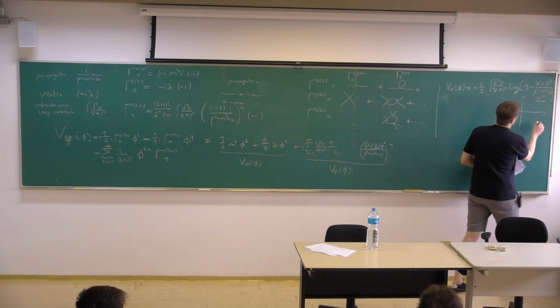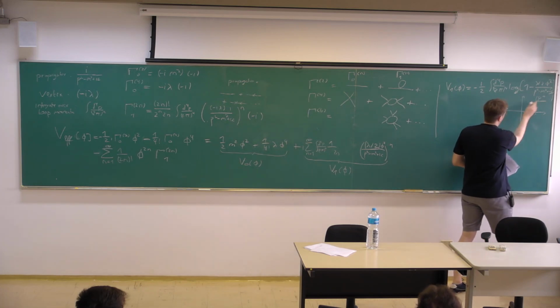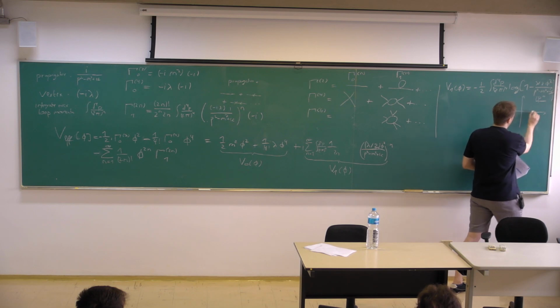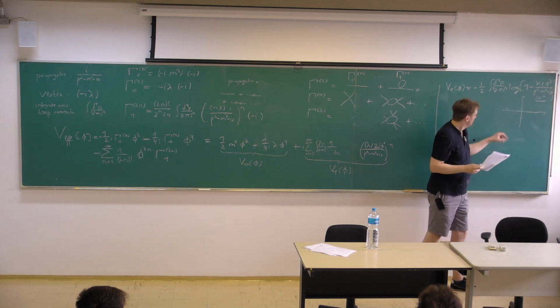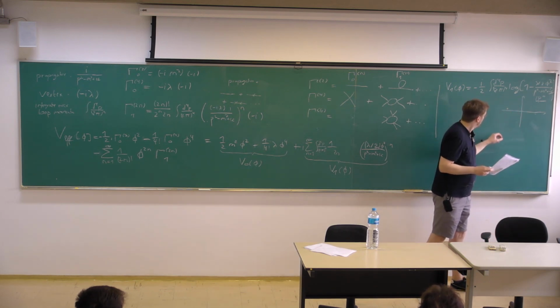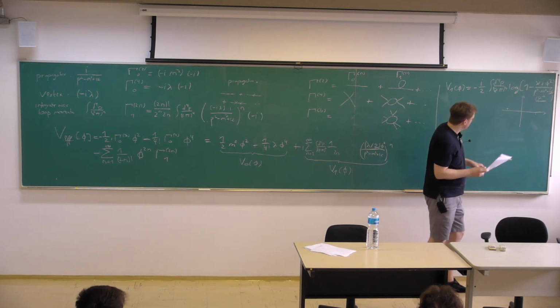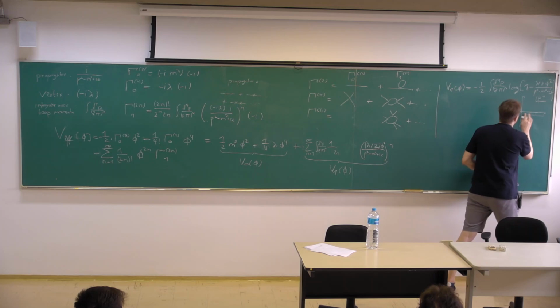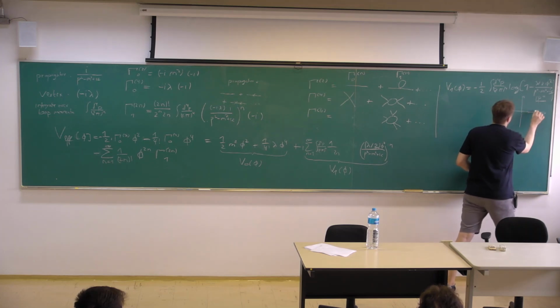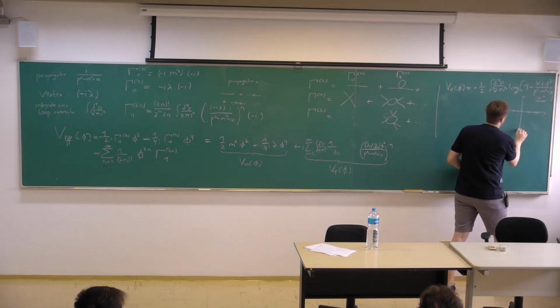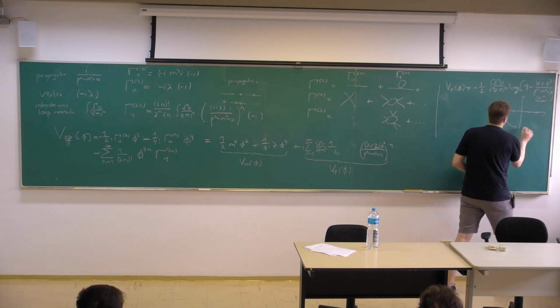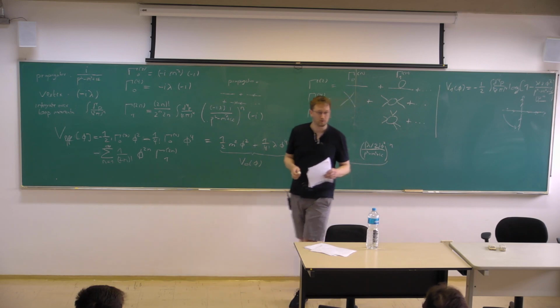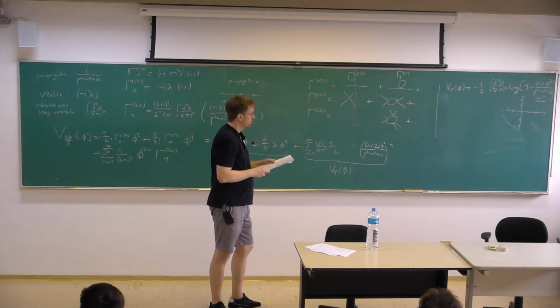So normally the integral over P0 would be along the real line. But because the contribution of the integral at infinity vanishes, this is the normal integration direction, but I can rotate it and integrate along the complex direction.